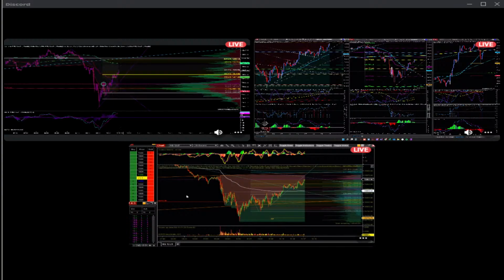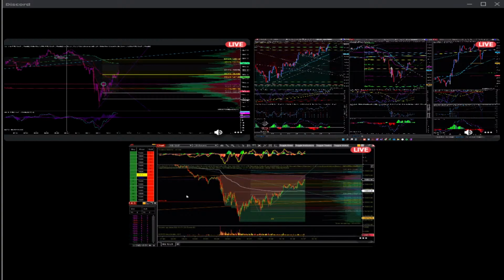The likelihood that it's still going to run up another 30 points or not? I think it's going to run up another 30 points to the B point, and then it's going to come down to this other B point. But the momentum is definitely dwindling.